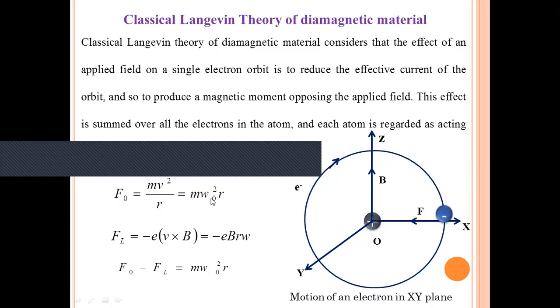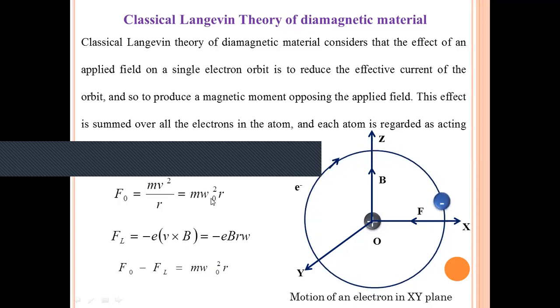Again, we will talk a little about the diamagnetic theory. Here, the classical Langevin theory of diamagnetic material considers that the effect of an applied field on a single electron orbit is to reduce the effective current of the orbit, so as to produce a magnetic moment opposing the applied field. Here, we will apply an external magnetic field to the circulating electron.